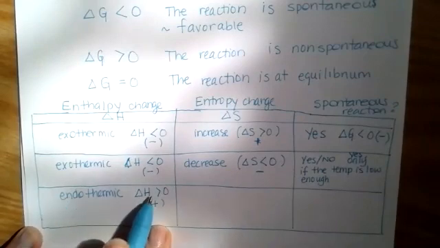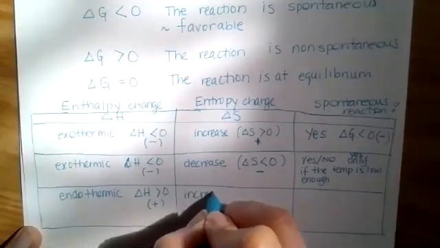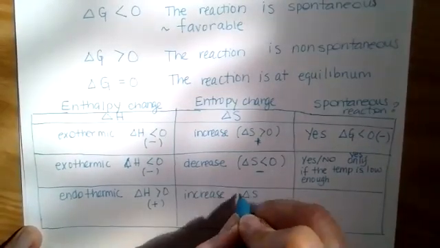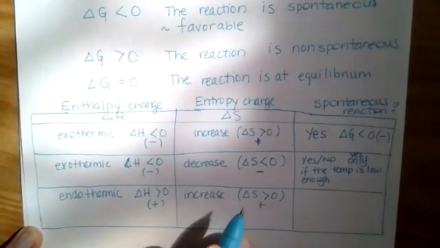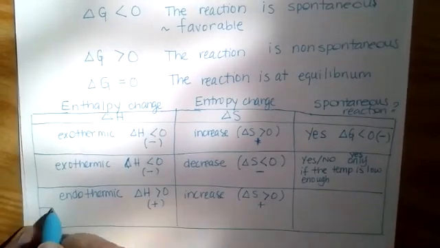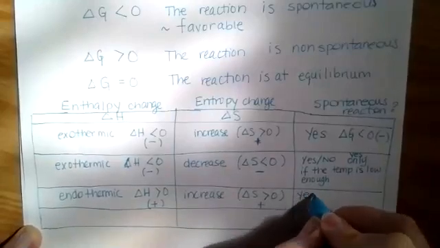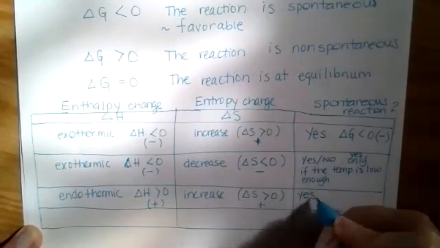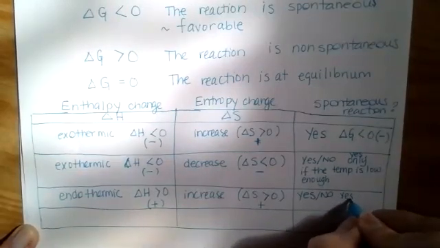Well, if you have an endothermic reaction, although not favorable, right, this is producing something that feels cold, and let's say you have an increase of your delta S, so you have high disorder, which is quite favorable.